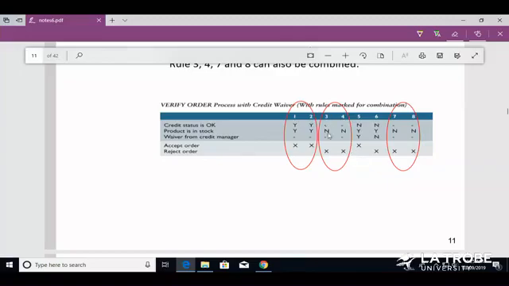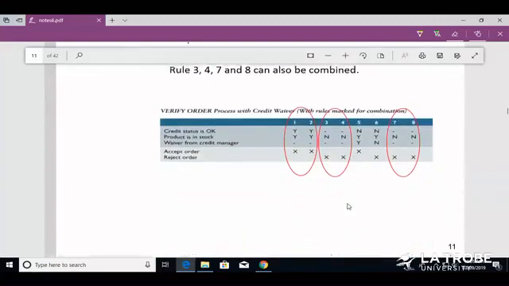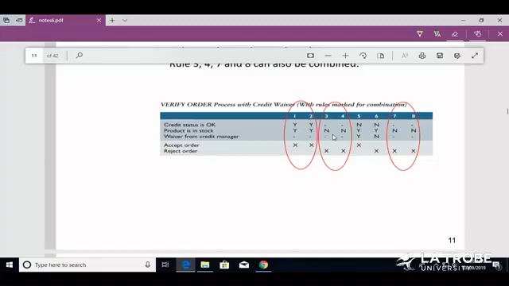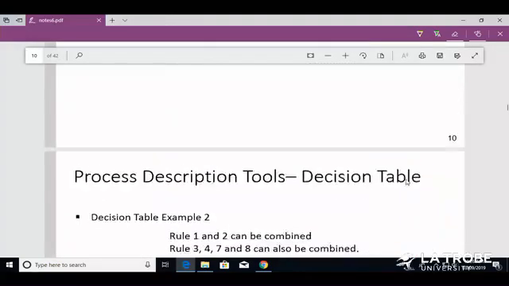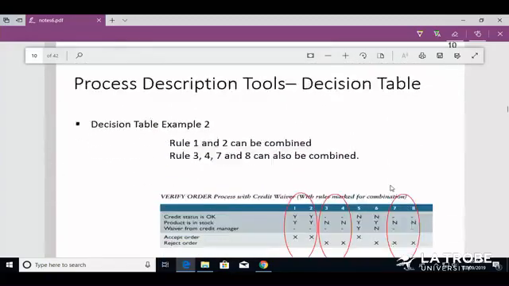Look at 3 and 4. 3 and 4, yes, yes, no, no, while the third one is yes, no. So regardless of condition 3, we still have the same output, which is reject order. And we need to replace the third one with a dash. The same thing for 7 and 8, no, no. Regardless of the third condition, we still have the same outcome here.